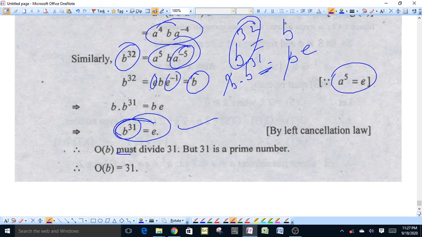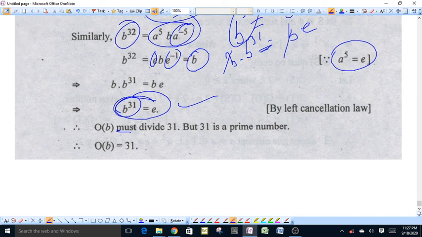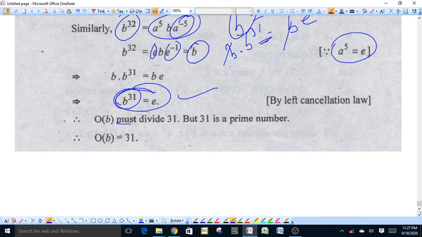The order of b divides 31, but 31 is a prime number, so the only possibility is that either 1 or 31 is the order of b, and since b is not the identity, the order of b is equal to 31. Thank you, students.